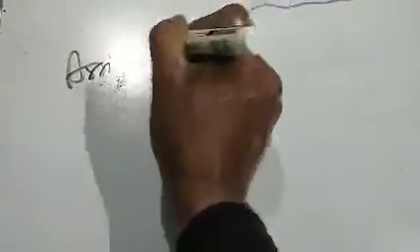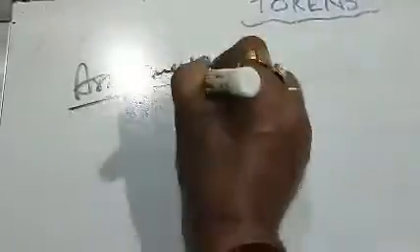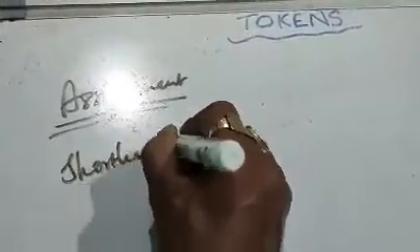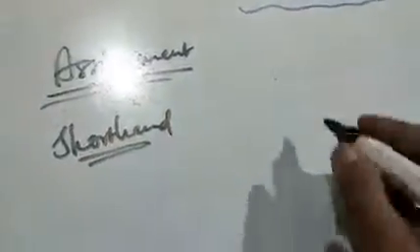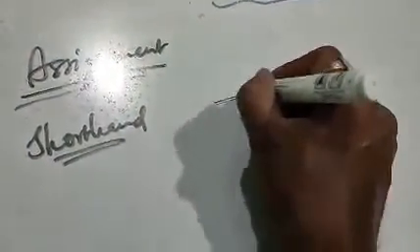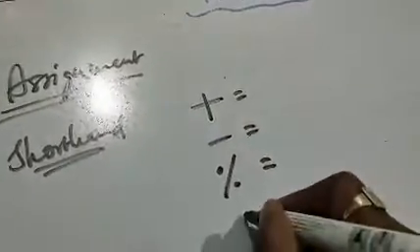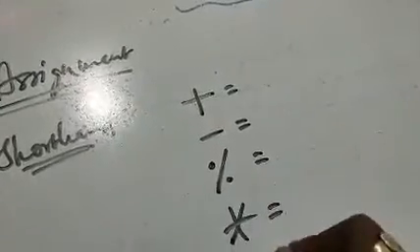Then we have the next one, that is your assignment operator. The first one is your shorthand operator. This shorthand operator works along with the arithmetic operator and the equal to sign, like plus equals, minus equals, modulus equals, multiplication equals, and division equals.